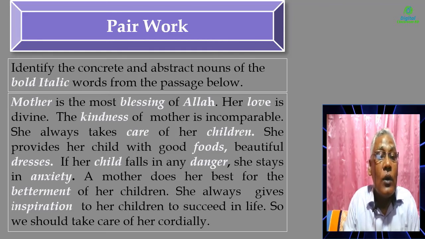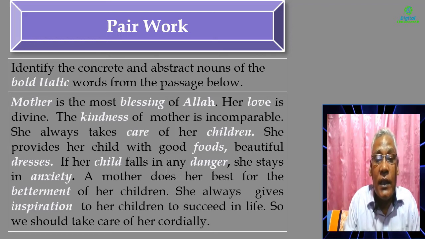So look at the words: mother, blessing, Allah, love, kindness, care, children, foods, dresses, child, danger, anxiety, betterment, inspiration. All are nouns, but you have to differentiate between these nouns. Which ones are concrete nouns and which ones are abstract nouns?